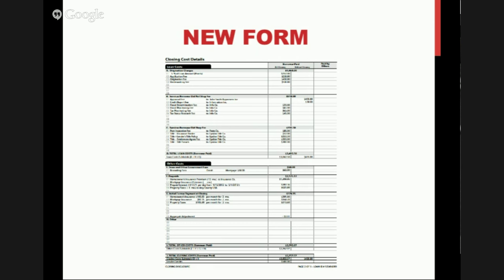The next section says other costs. Again, the layout of this new form is what I'm speaking to. All this information is in the existing forms we've been using for years. It's in the settlement statement called the HUD-1. It's in the Truth in Lending Act statement, but you got to farm it out.